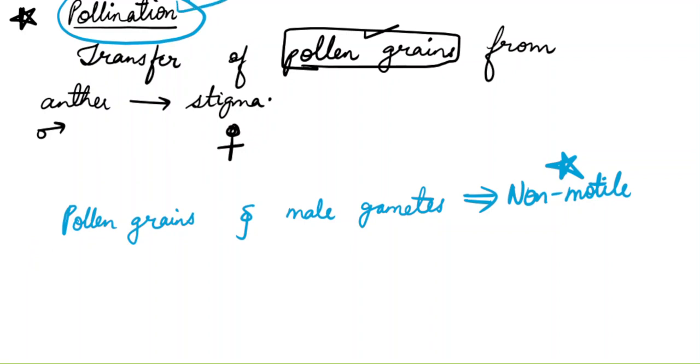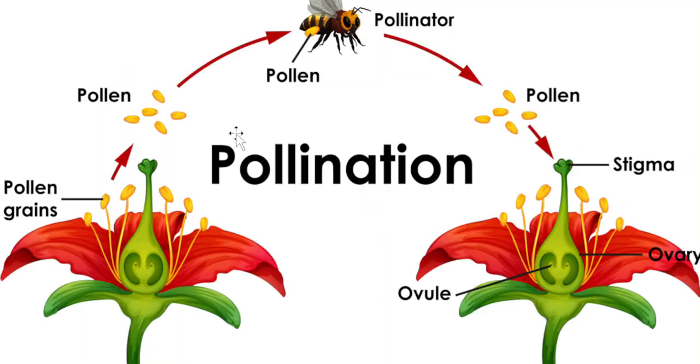But for doing the work of pollination they need some agent, one agent which can move from one flower to another. That agent is known as a pollinator. See, this honeybee first came to flower number 1, and then went to flower number 2.